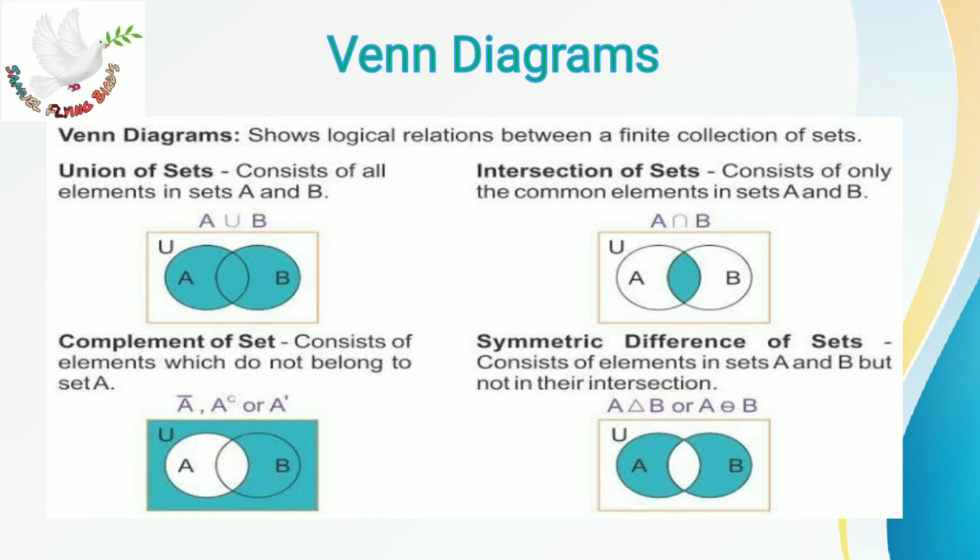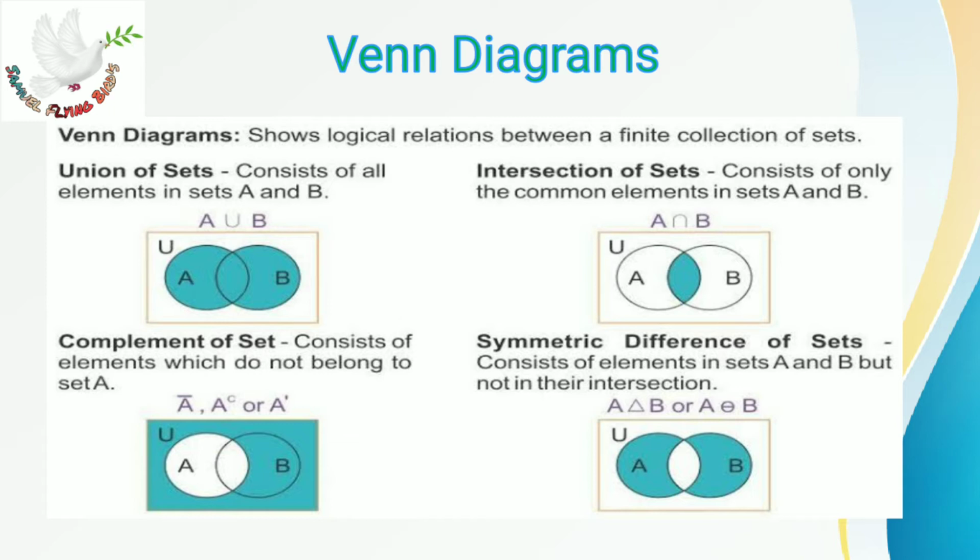Coming to Venn diagrams, what is a Venn diagram? A Venn diagram shows the logical representation of the relationship between a finite collection of sets. There are some basic Venn diagrams and basic operations which are used with sets.